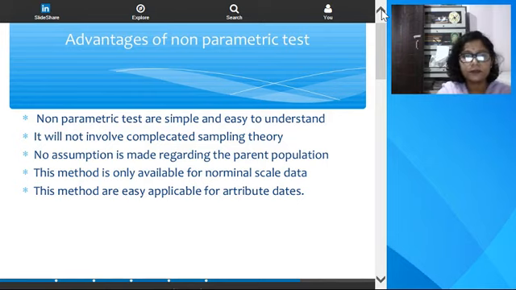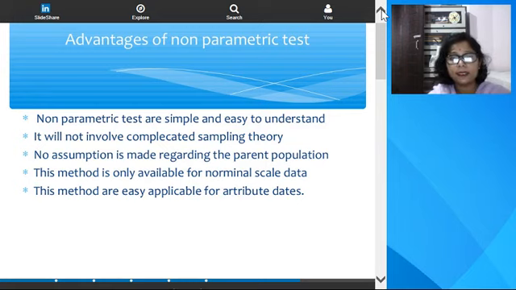Okay. Regarding the advantages of non-parametric tests, non-parametric tests are simple and easy to understand. Secondly, they do not involve complicated sampling theory. Another merit, no assumption is made regarding the parent population.